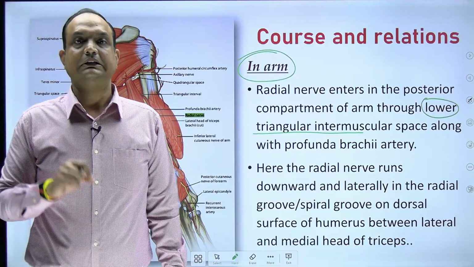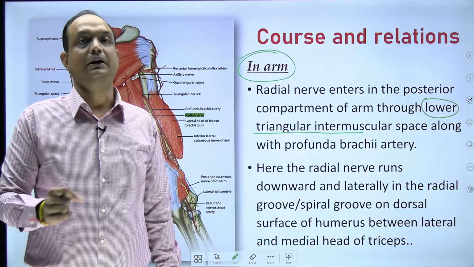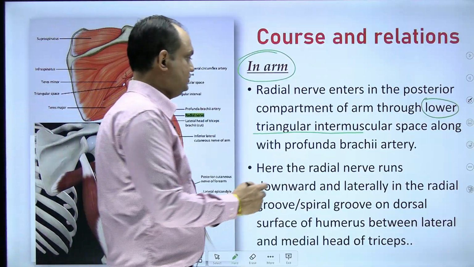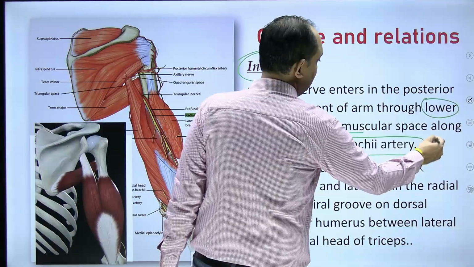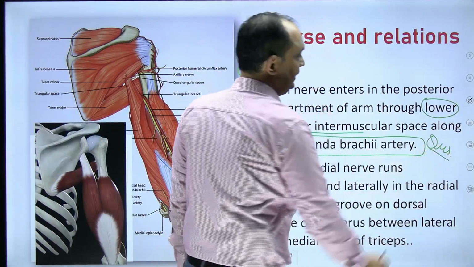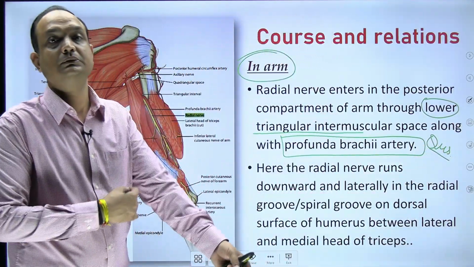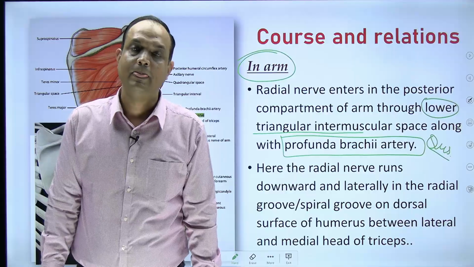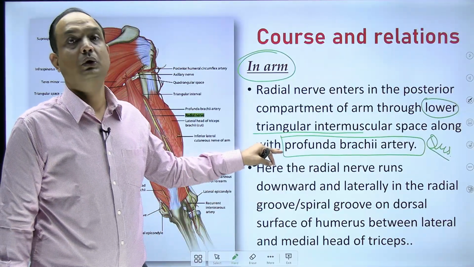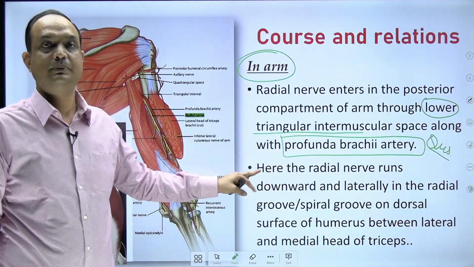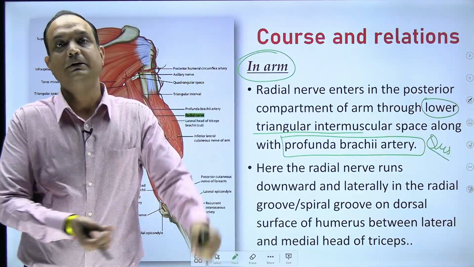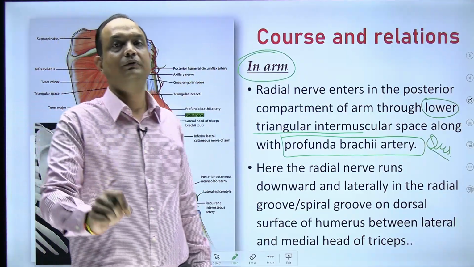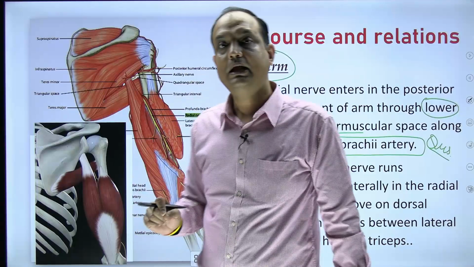But my dear students, again there is an artery, known as the profunda brachii artery. This artery always runs along with the radial nerve when it passes through the posterior side of the arm. So, through the lower triangular space, these two structures pass into the posterior compartment: the radial nerve along with the profunda brachii artery.